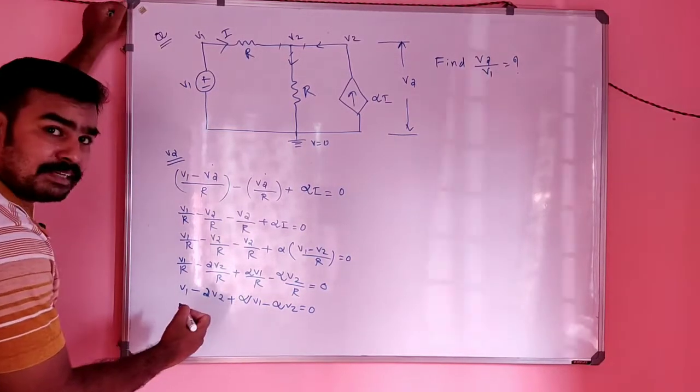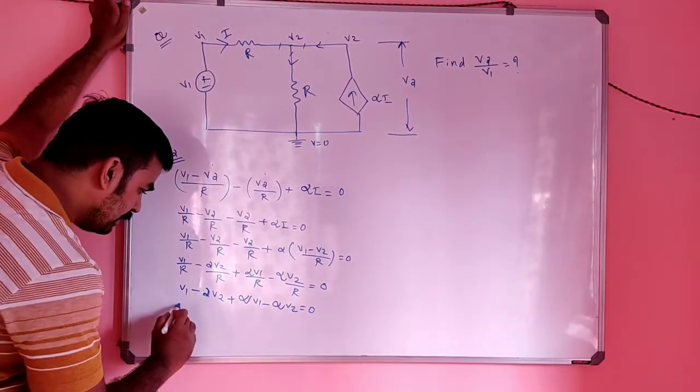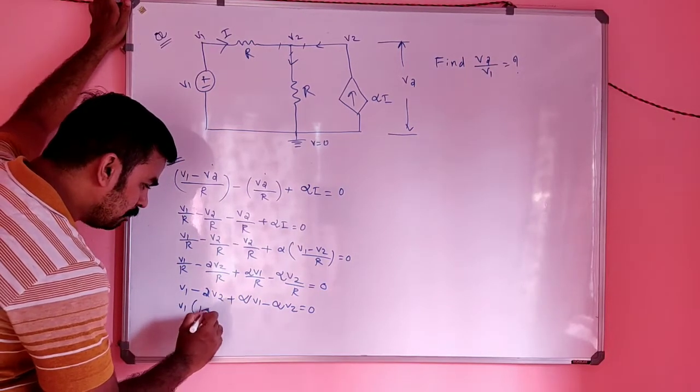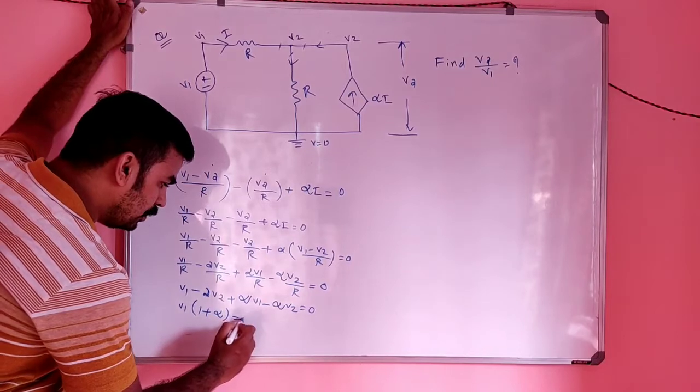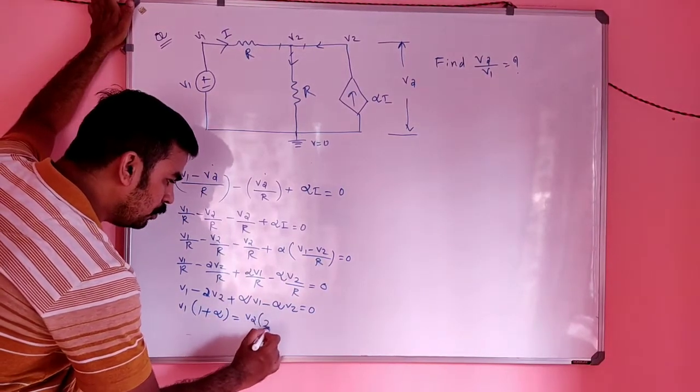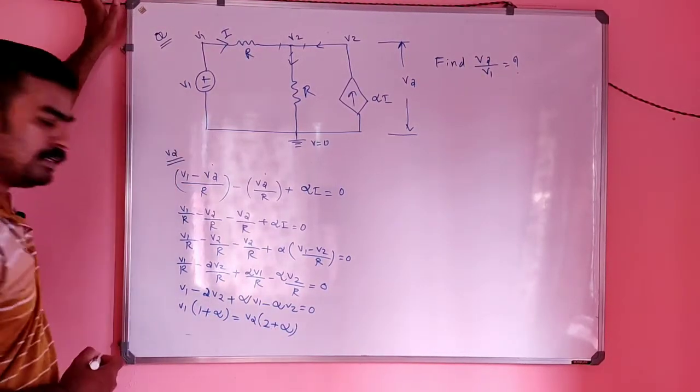So combine the terms of V1 and V2 now. It will become V1 into 1 plus alpha equal to V2 into 2 plus alpha. Is it correct?